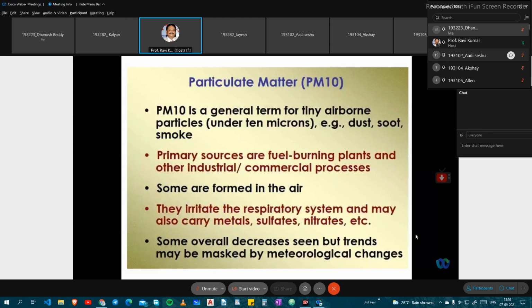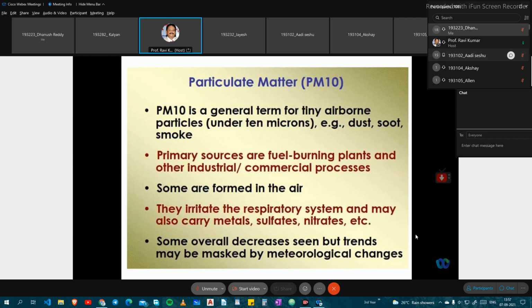And particularly in diesel engines, we have particulate matter, PM10. PM10 is a general term for tiny airborne particles under 10 microns, very minute: exhaust, dust, soot, and smoke. Primary sources are fuel burning plants and other industrial and commercial processes.